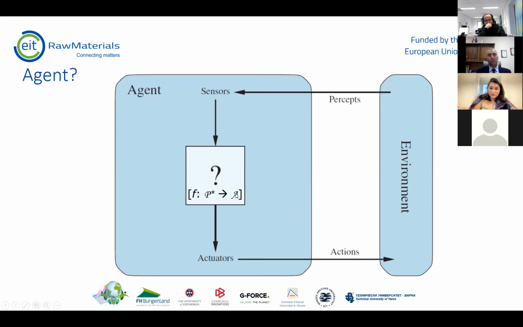So an agent could be everything that is autonomous. The important part here is that the agent has this function to process information and to make decisions for its own benefit or for the benefit of its master.